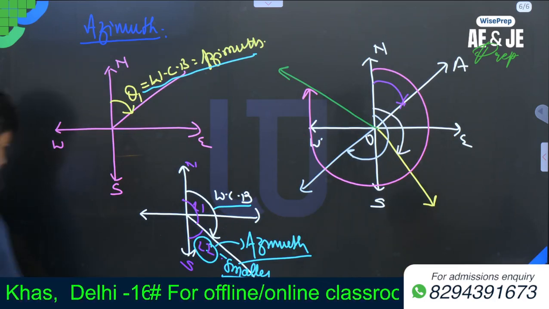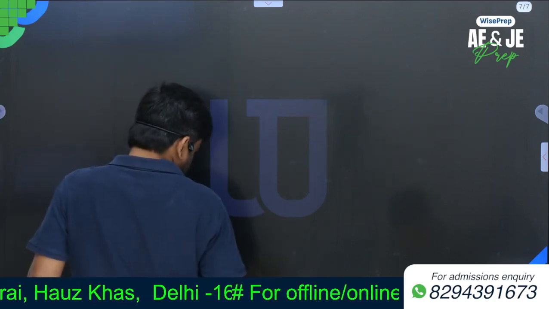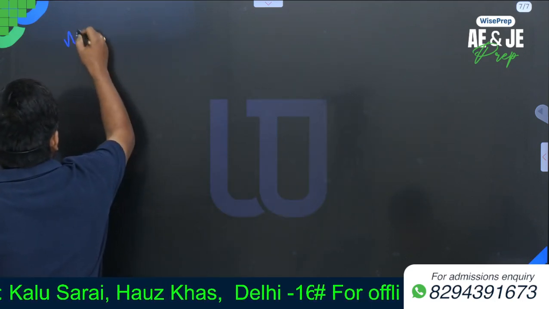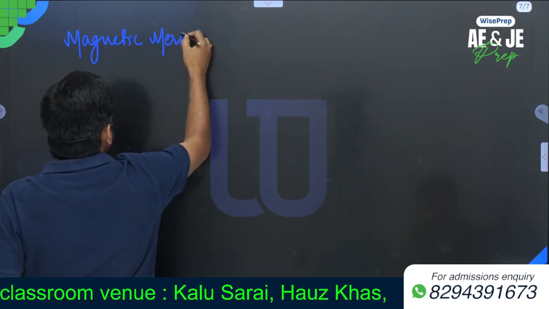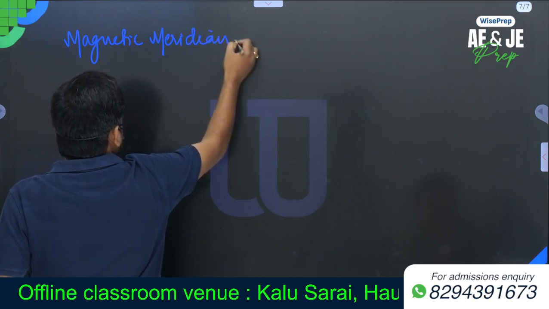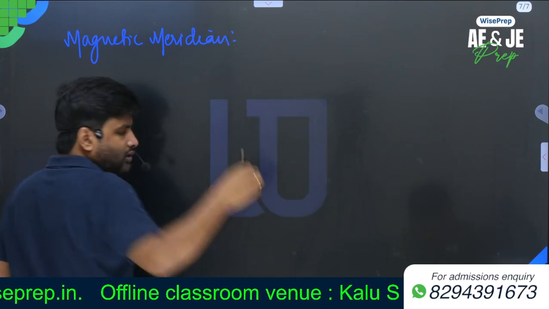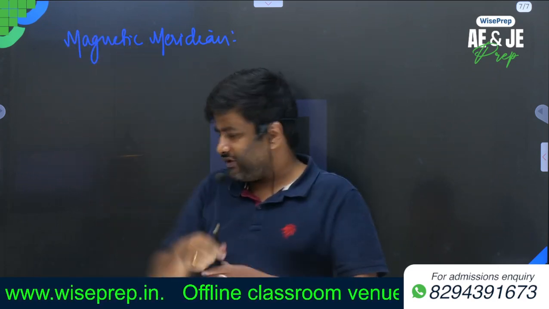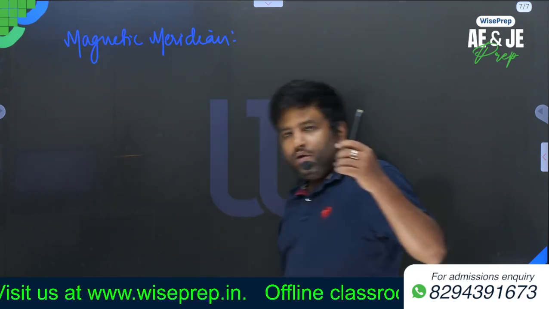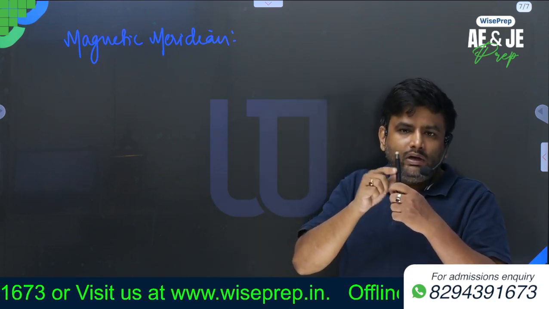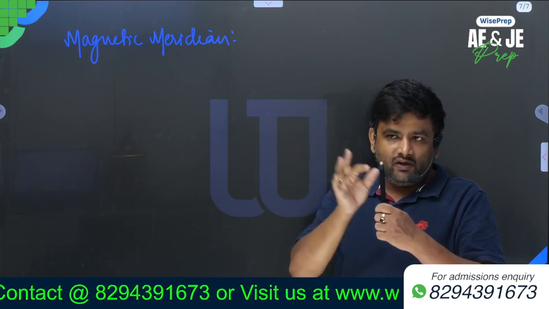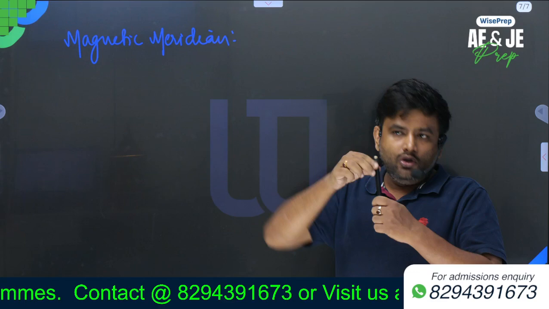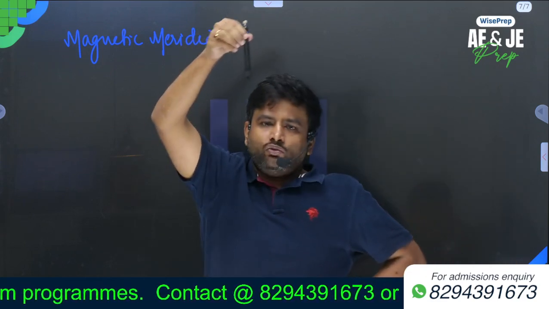Next, write down magnetic meridian. Suppose this is a freely floating needle, and apart from Earth's magnetic effect, no other or local magnetic effect is acting on this needle. So this is the Earth. This is the true meridian.